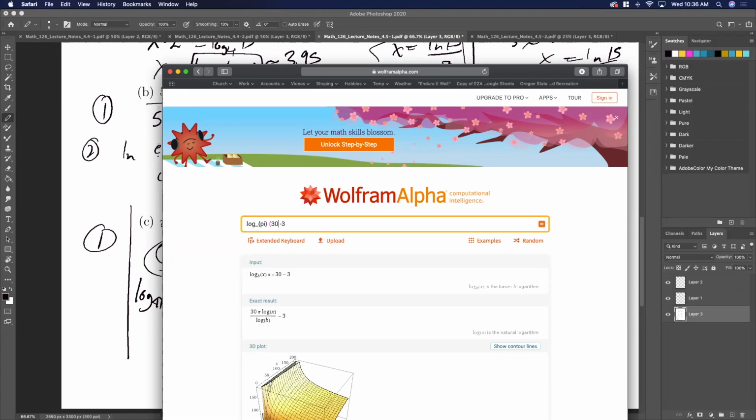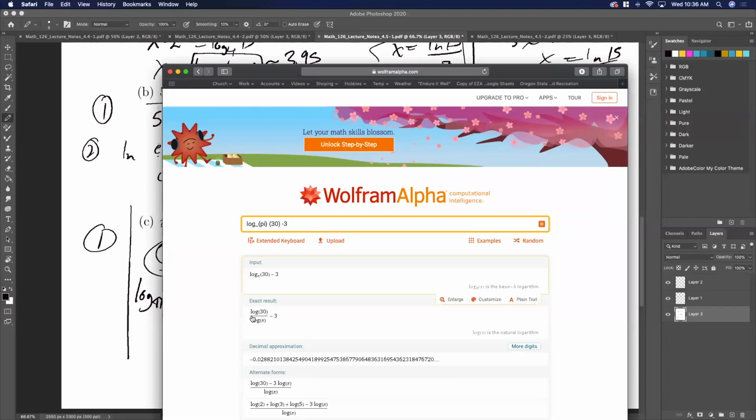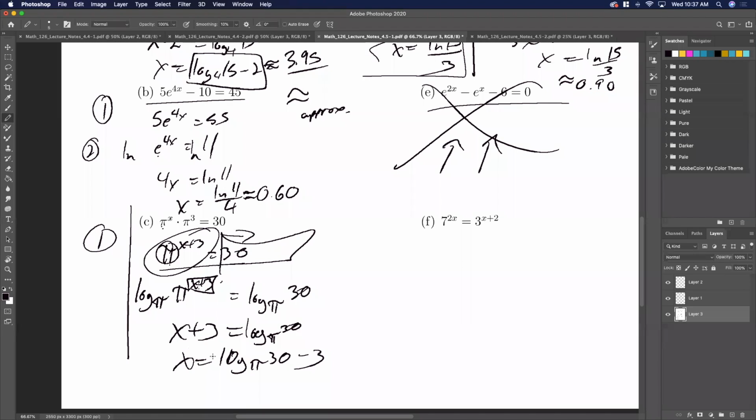See if that helps it. There we go. And then here we get minus 2.2882, so it's roughly as Isabella got it, which is x equals minus 0.03.